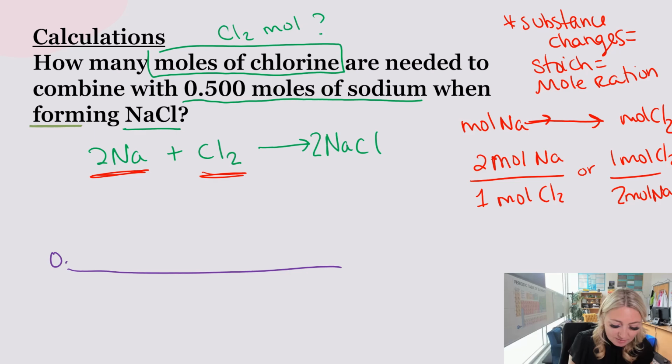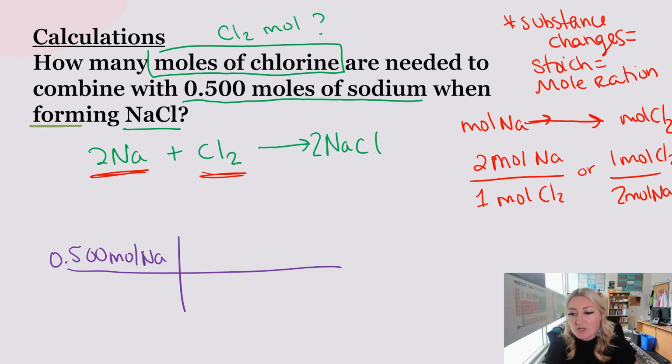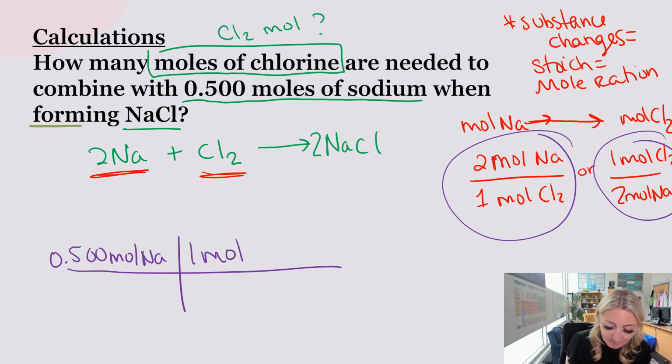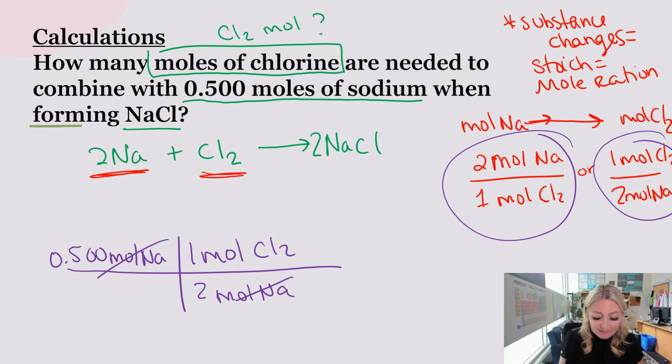We're going to start out with 0.500 moles of sodium. This is where the mole ratio comes in. Does it make sense to put this mole ratio on the left or the one on the right? If you said the one on the right, you're correct, because I'm going to put moles of chlorine on top. That's what I'm trying to get to. And I'm going to put my moles of sodium on the bottom because that's what I'm trying to cancel.